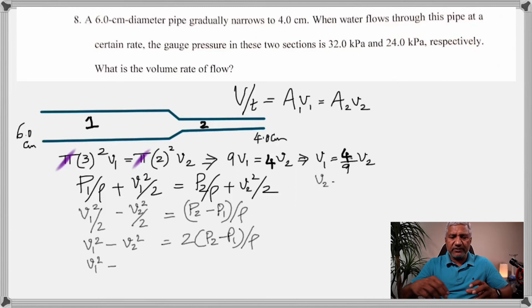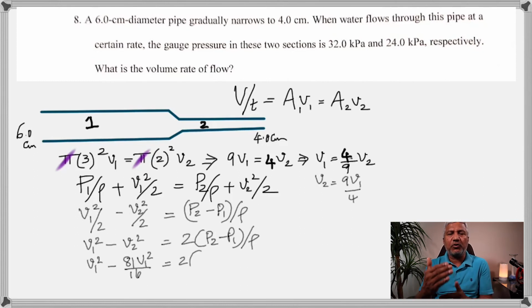And then in place of V2, we could write 9V1 by 4. Either way, you could either substitute for V1 or V2. And because there is a square, that's why it became 81 by 16 V1 squared. 9 squared is 81, 4 squared is 16. And then out of this, we have to find the value of V1. So there is some process there.